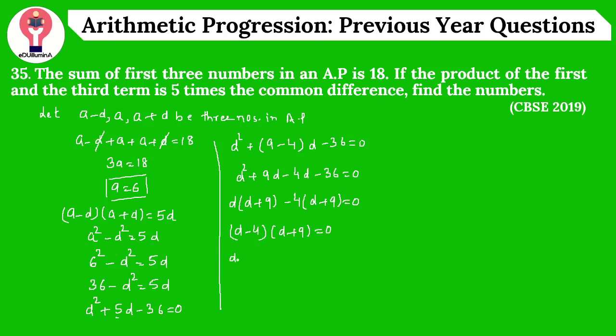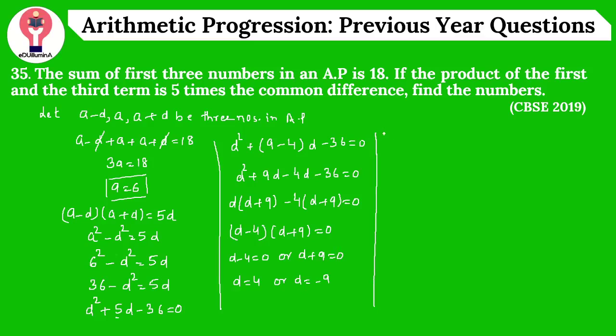So either d minus 4 equal to 0 or the second factor d plus 9 equal to 0. So d is equal to 4 and d equal to minus 9. Now we will find the numbers for both values of d.